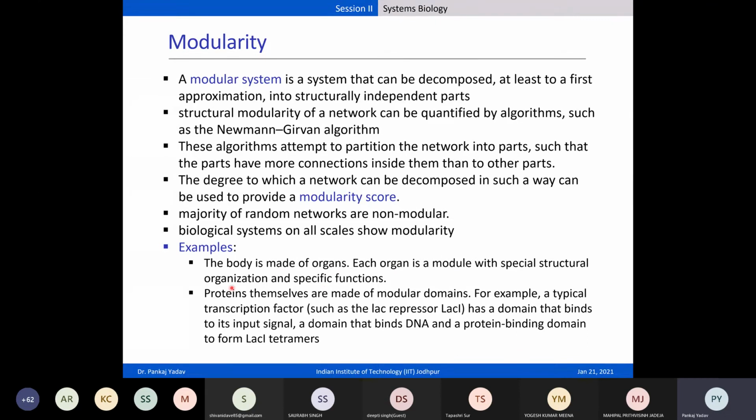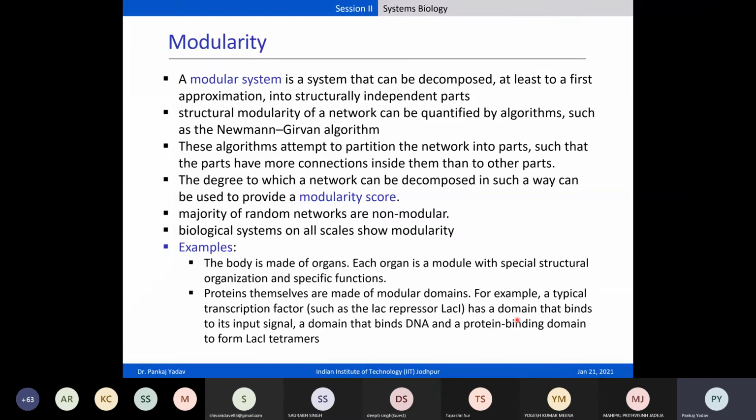Even if you go to nanoscales, proteins also can be considered as systems themselves. For example, you can think of proteins as made of modular domains. A typical transcription factor such as the lac repressor, which is just one example, has different domains.